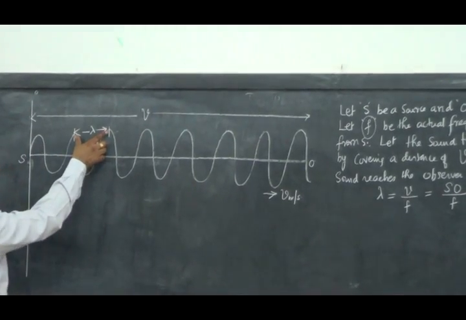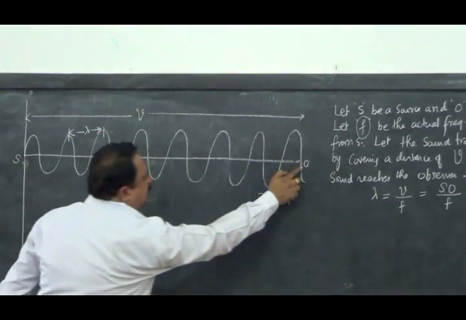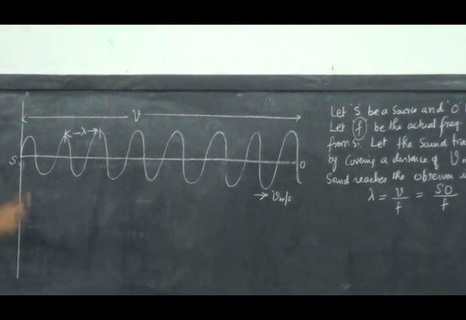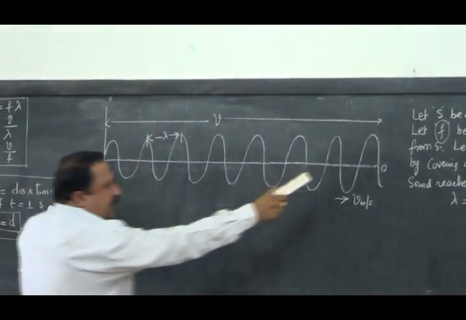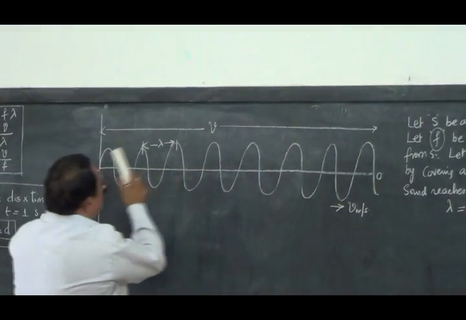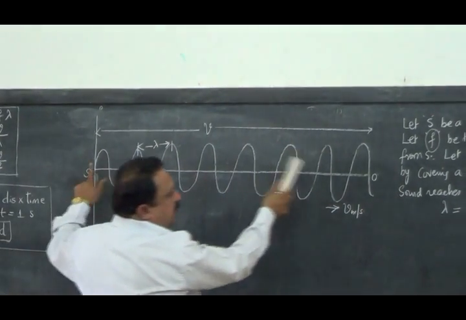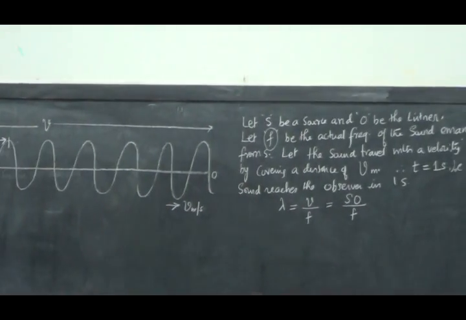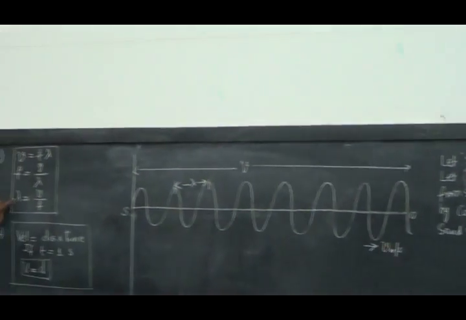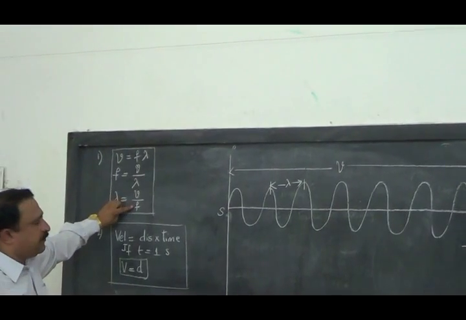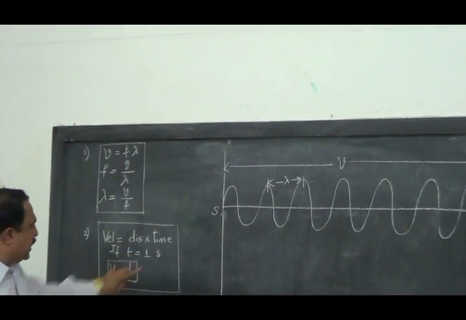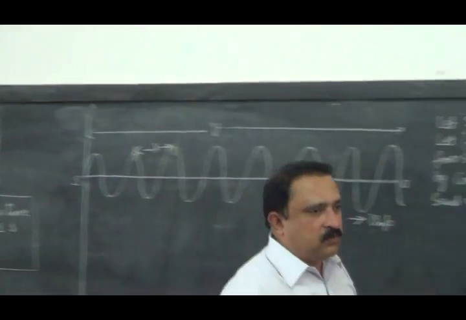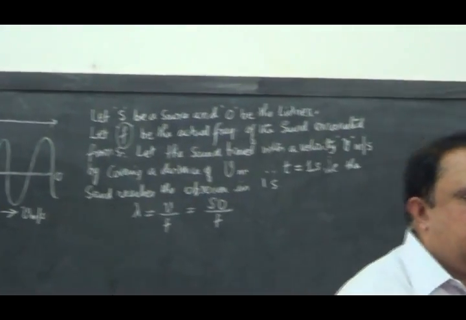This value is the entire length divided by the number of such waves. The entire length S4 divided by the frequency of the wave gives the wavelength. I have just used the fundamental formula. The fundamental formula for lambda is V by F. And whenever t is 1 second, the distance equals V. Here the distance travelled by the wave is S4. So I have just replaced V by S4.